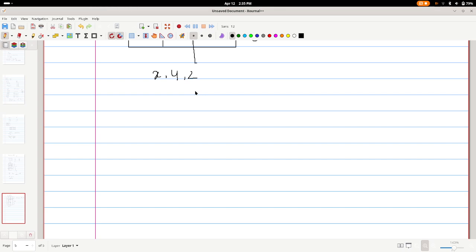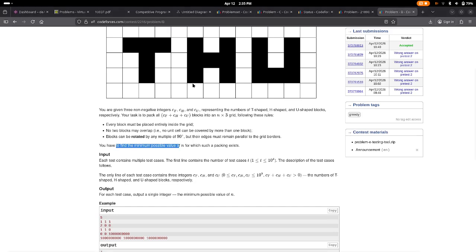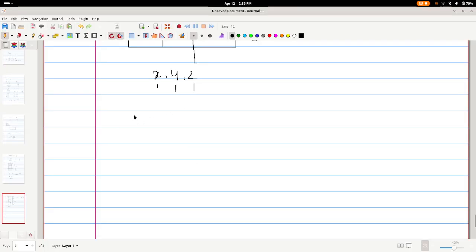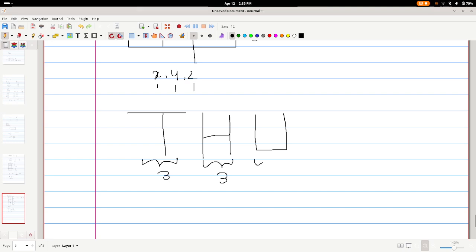Let's say there is one T, one H, and one U. So what you can think of is T, H, and U. This is of length 3, this is of length 3, this is of length 3, and we are given that this is of length 3 as well.